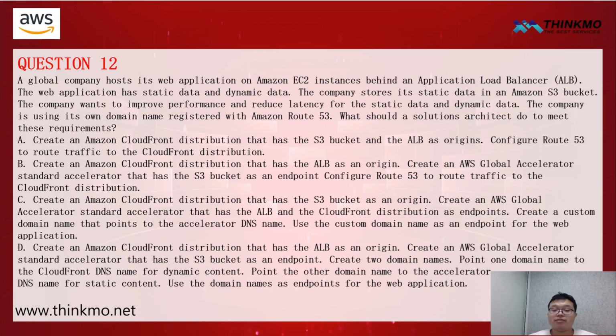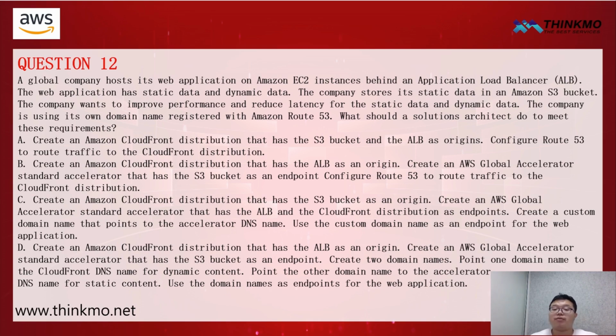Now, option B is to create CloudFront with ALB as the origin, and in addition, it adds a Global Accelerator. This is mainly used for what? It's used to accelerate network access to our AWS resources. However, when it comes to S3, what do we usually use for acceleration? Typically, we use CloudFront to accelerate. Using S3 as the global content endpoint actually isn't very common, and the solution is relatively complex, so it's not used much in practice.